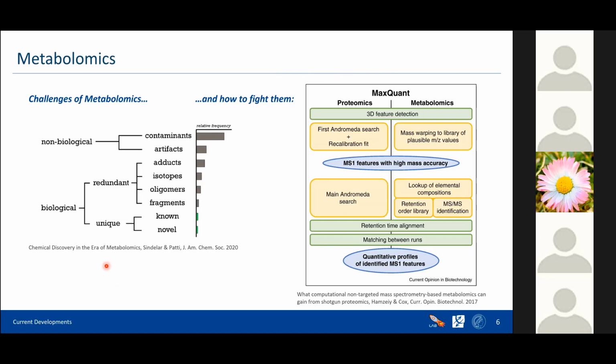So what's the main challenge? Basically, you have incredibly much noise in metabolomics data. You want to find out something about small molecules, but in your sample, you have all kinds of small molecules that are actually not metabolites but something else. They can be just things in your buffer, or some kind of contaminants from everything, because they are small molecules, so it can be anything.